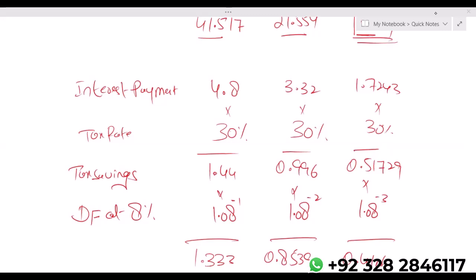Yeah, it's up to you whenever you are multiplying with the tax rate. But the main thing is you should be getting the same result. As far as you're getting the same result, it's okay. You can even multiply 30% and the discount factor together.